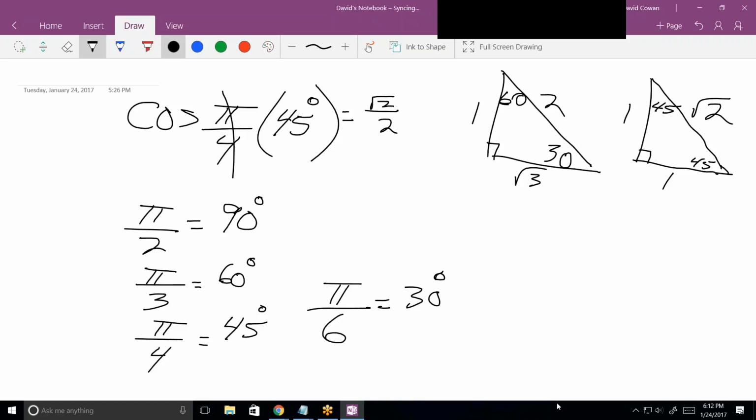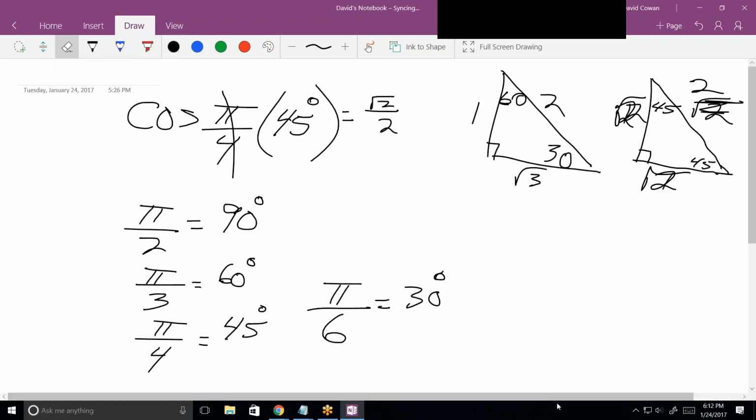Right. Some school systems will actually give this triangle in the following manner. They'll make it 2, 2, and root 2, and 2. Oh, okay, right. You see why? In other words, it's the same ratios.